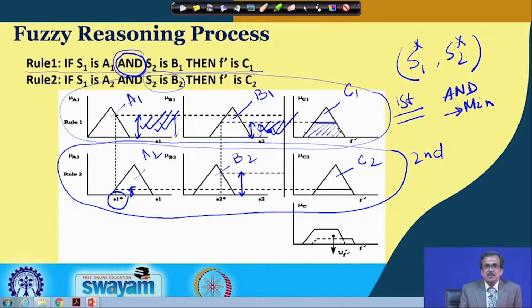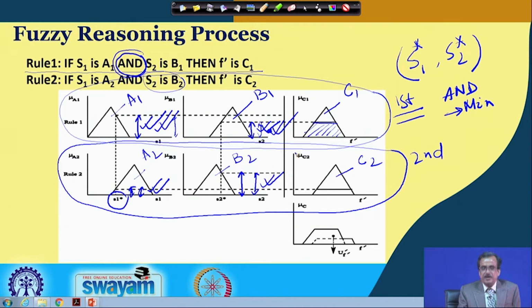Now, by following a similar procedure for the second fired rule, which states if S1 is A2 and S2 is B2, then A prime is C2. So, this indicates the second rule. Corresponding to this S1 star, I have this membership function value, and corresponding to this S2 star, I have this membership function value, and now I will have to compare these two numerical values of membership.